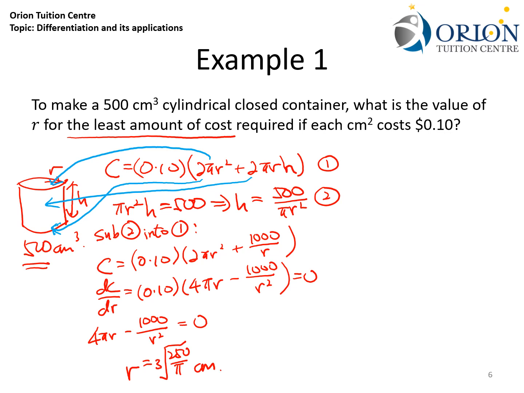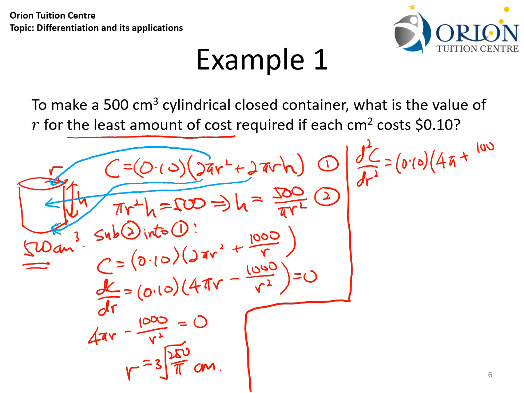With this, I only know that this is a stationary value. I do not know the nature of this stationary point yet. Therefore, the next thing to do is to determine the nature of this stationary point, and I'm going to use the second order test, d²C/dr². It will become 0.10 multiplied by 4π plus 2000 over r³.